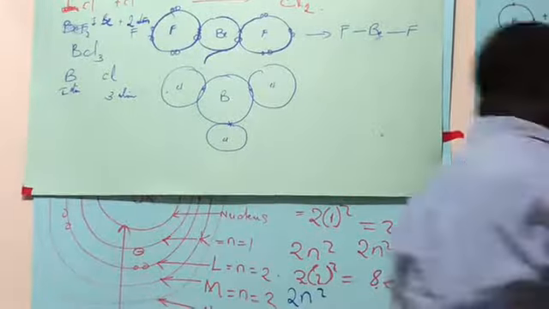So this is chlorine here: 1, 2, 3, 4, 5, 6, and this one that it donates. Again, 1, 2, 3, 4, 5, 6, and this one that it donates. Again, 1, 2, 3, 4, 5, 6, with this other one that it donates.